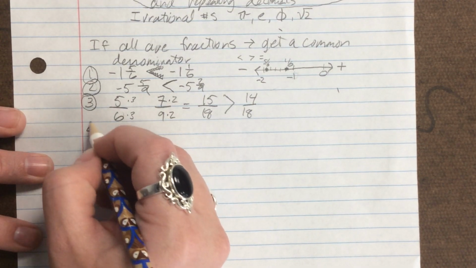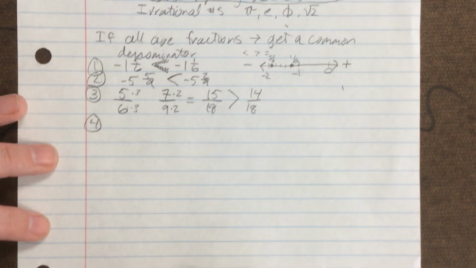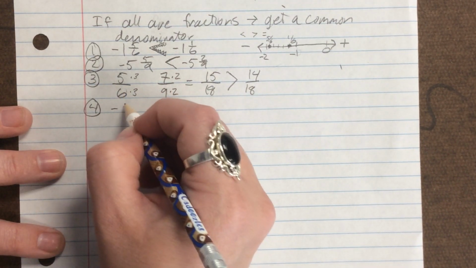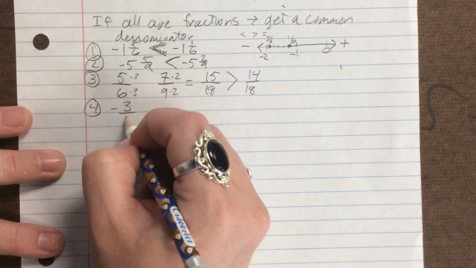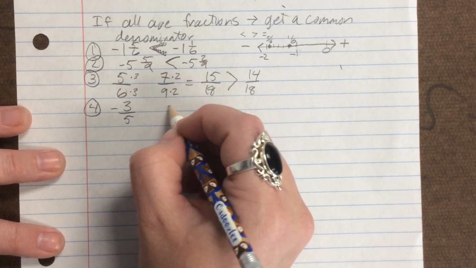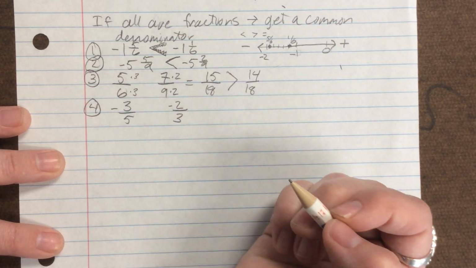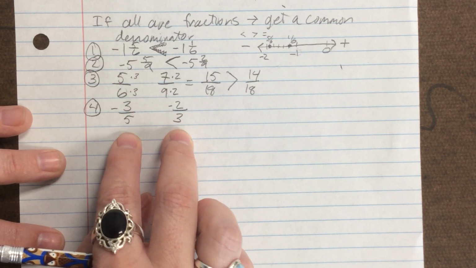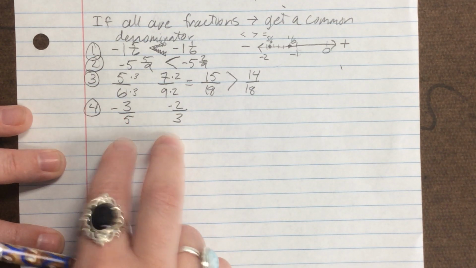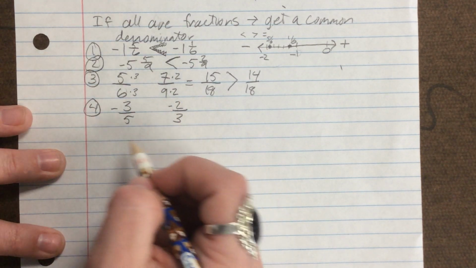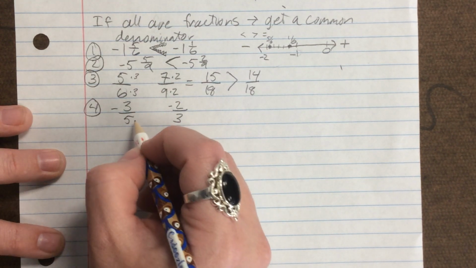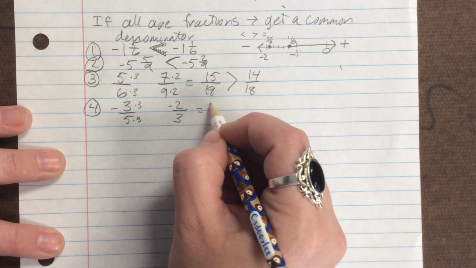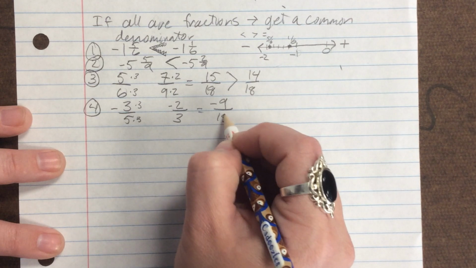Alrighty. Let's try this again to practice getting a common denominator. This time we will have a negative 3/5. We're going to compare that to negative 2/3. Okay? In this case, because those are both tiny prime numbers, we are going to get a common denominator, we will just multiply them together. So this one we're going to multiply by 3 and 3, which becomes negative 9/15.